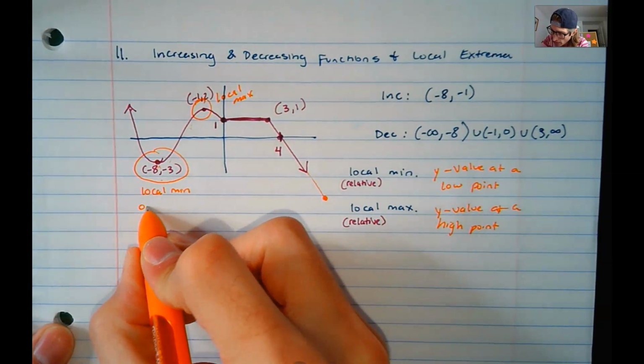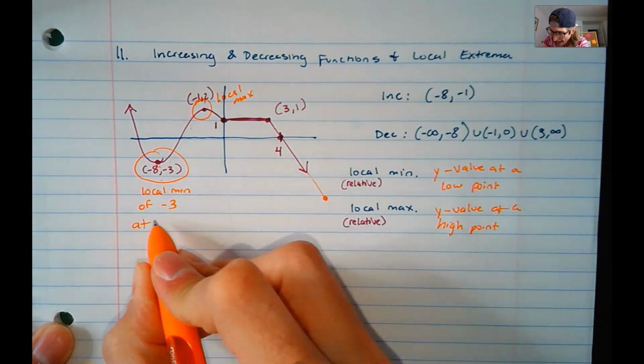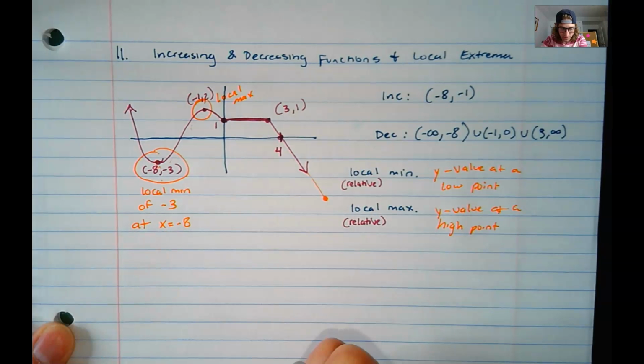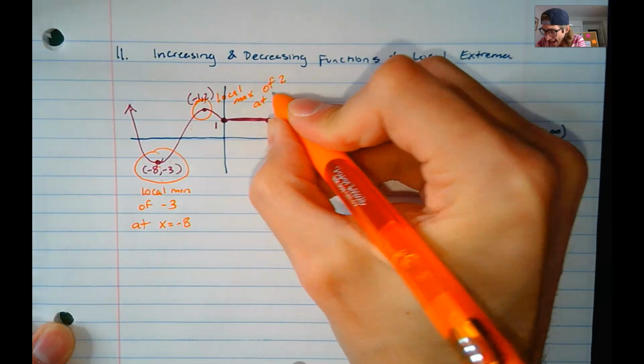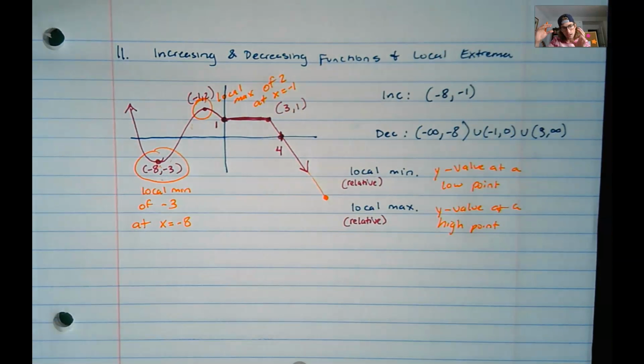Local min of -3 at x equals -8. And this one is a local max of 2 at x equals -1. So the "of" is the value, the "at" is the where. The x coordinate is the where, the y value is the min or the max.